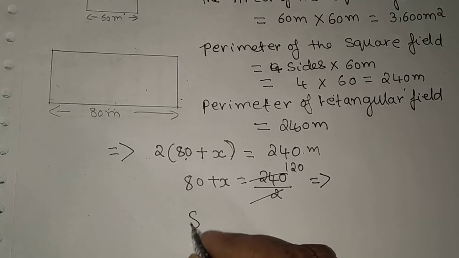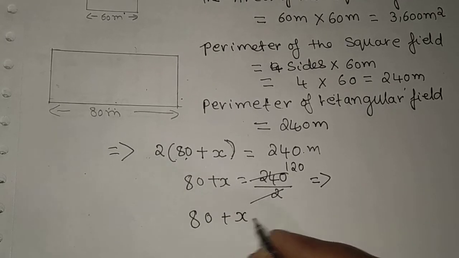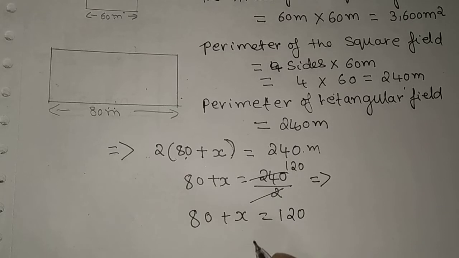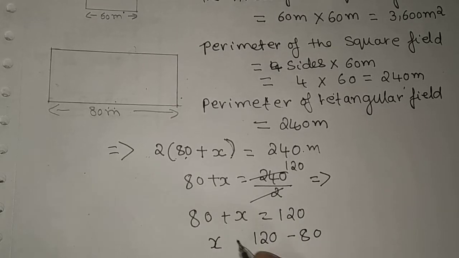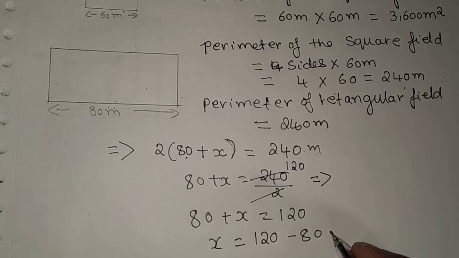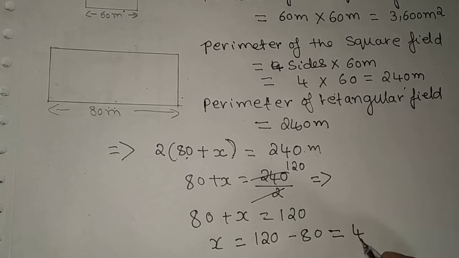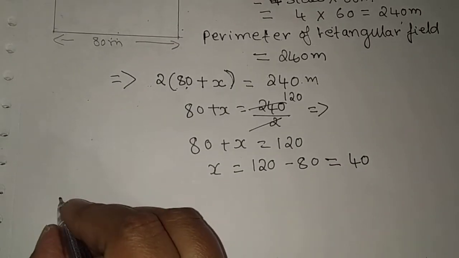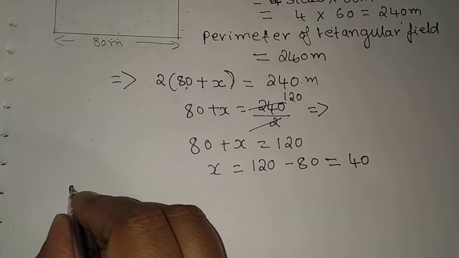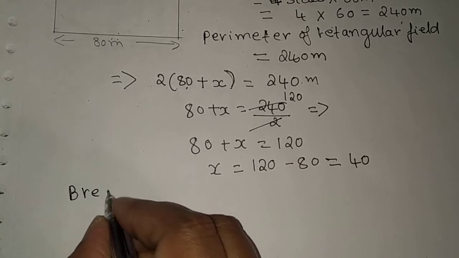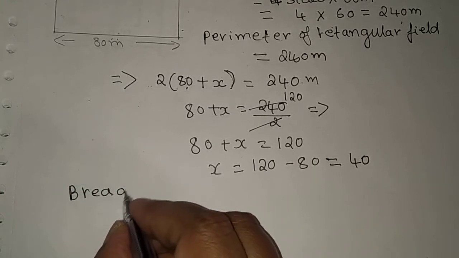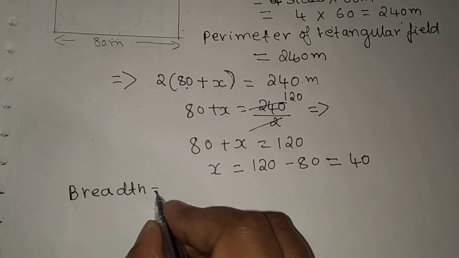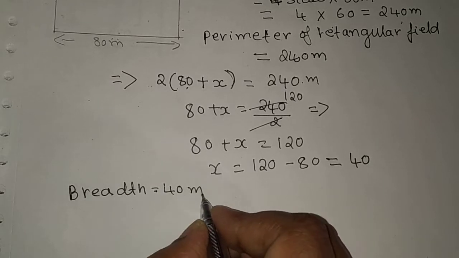That is 80 plus x is equal to 120, where x is equal to 120 minus 80, which is 40. Next is breadth. So the breadth we got is 40 m.